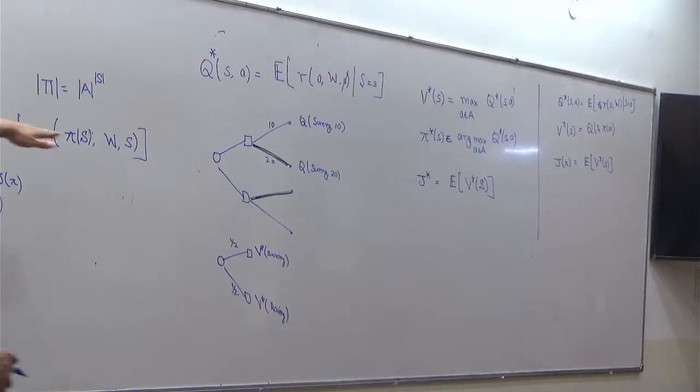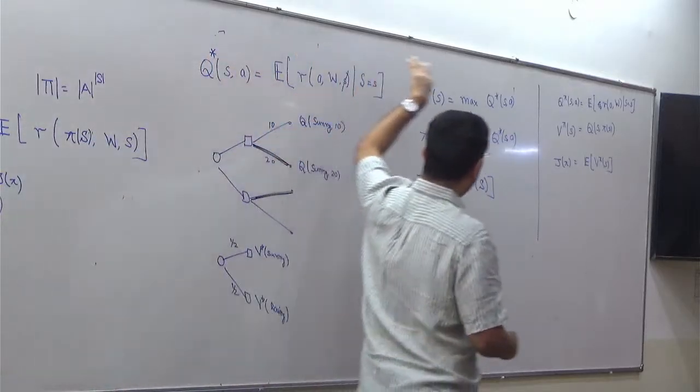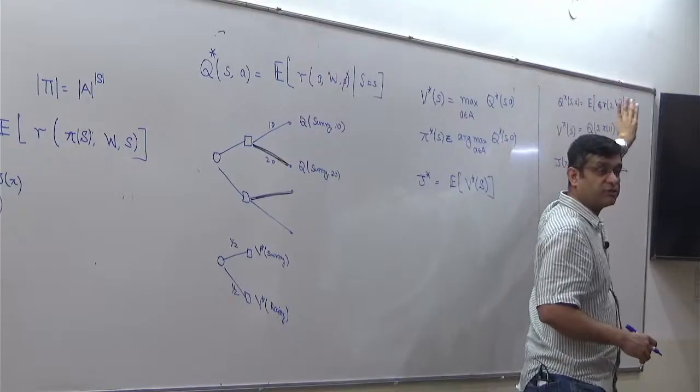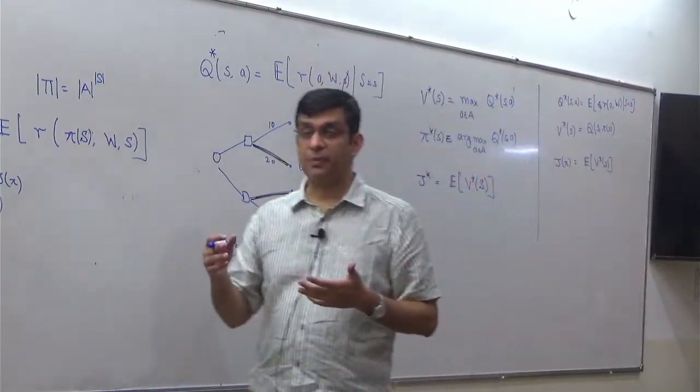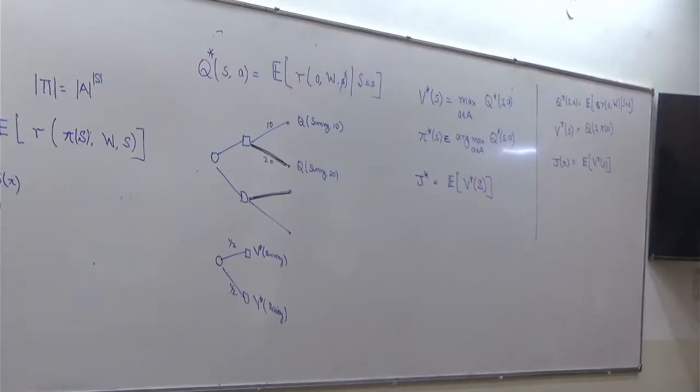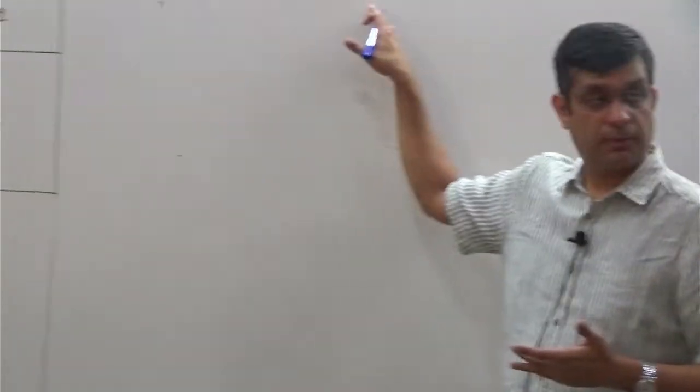I'm just doing averaging over this. Q star and Q pi have exactly the same definitions. So this is equal trivially in this example, in the one-stage problem, these two guys are equal.